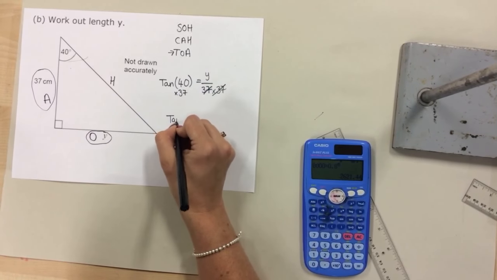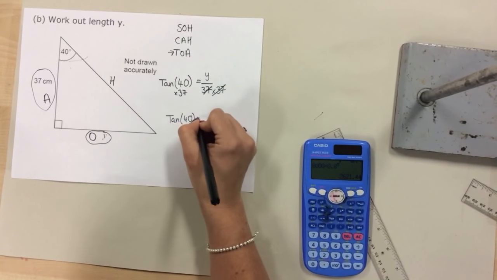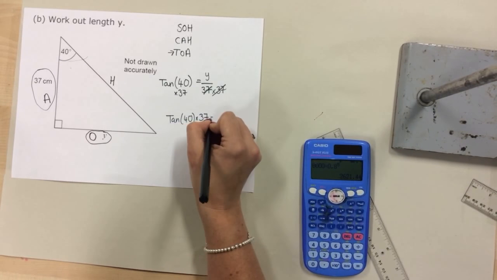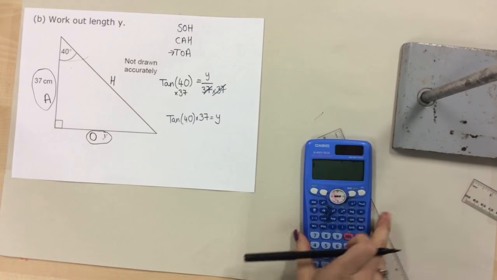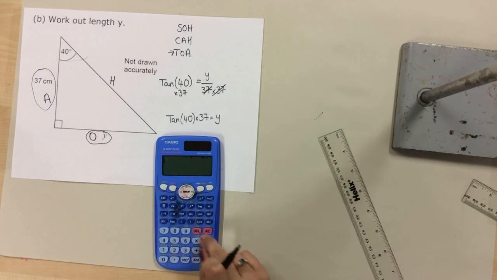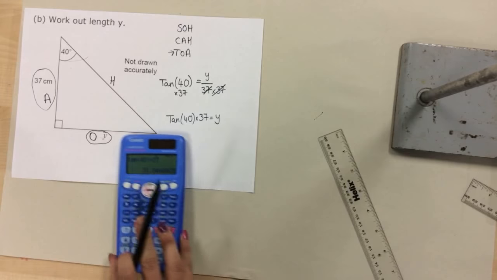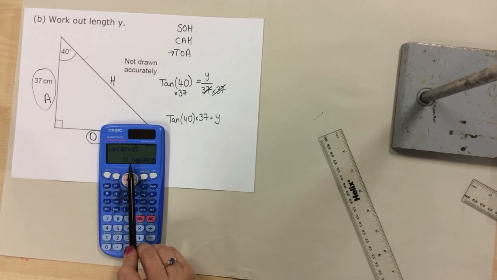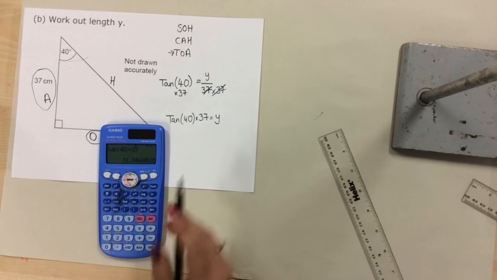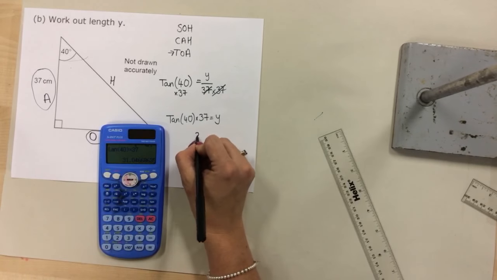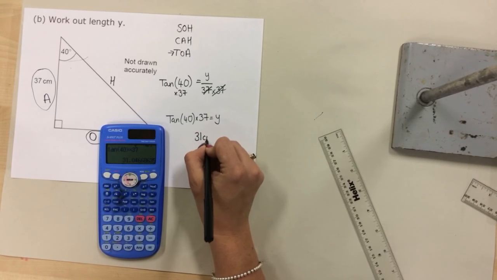So tan of 40 multiplied by 37 equals y. You would need to get your calculator at this point. So tan of 40, close your bracket, multiplied by 37 equals, and then I've got an answer here. I'm going to take it to one decimal place, which would still be 31 centimetres.